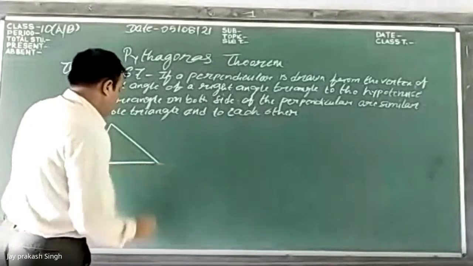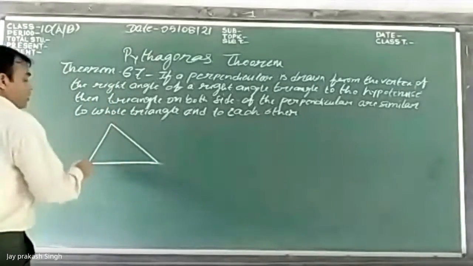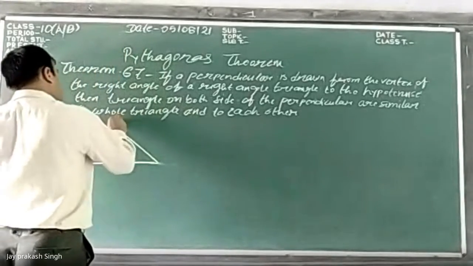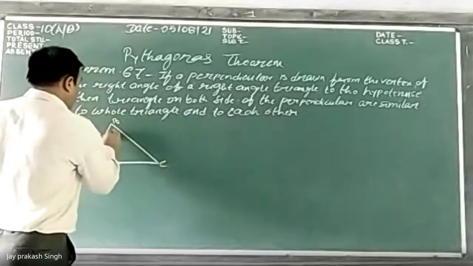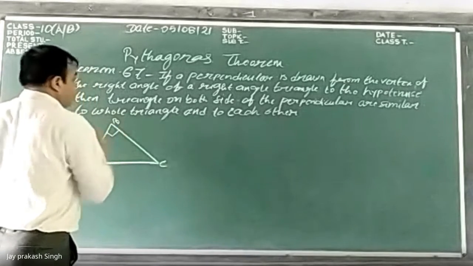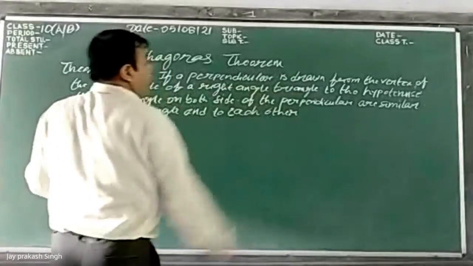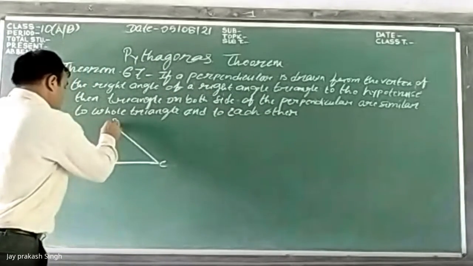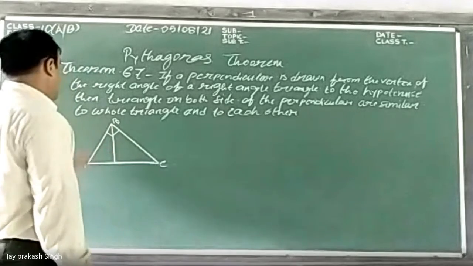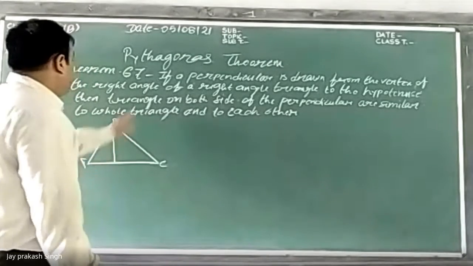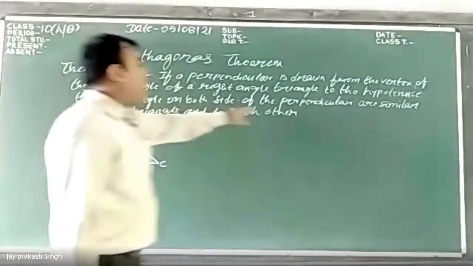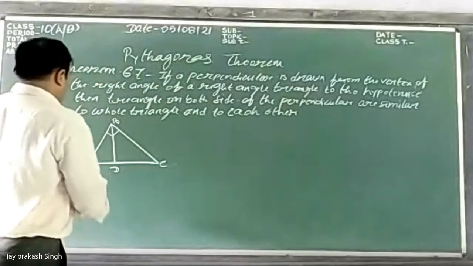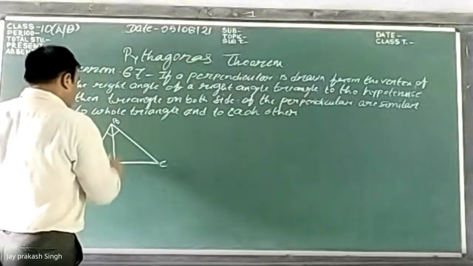We have constructed a right angle triangle ABC, right angled at vertex B. If a perpendicular is drawn from the vertex of the right angle to the hypotenuse, let it meet at D. Two triangles are formed, ABD and DBC.